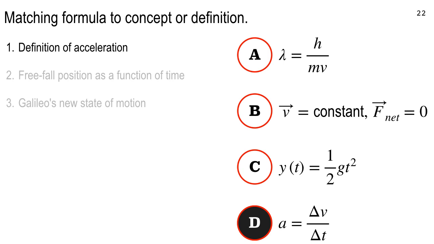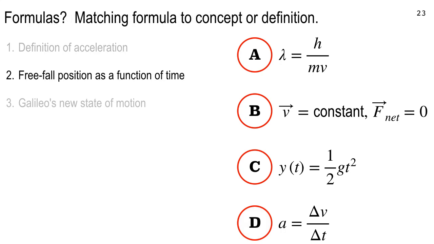All right. Now let's try the second one. Free fall position as a function of time. Whoa, you guys are fast. You're blazing. And so on an exam, I'll have the first 3 or 4 questions, a few formulas, maybe 4 or 5 questions.